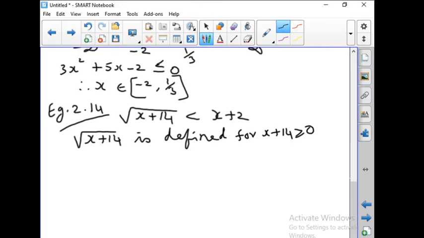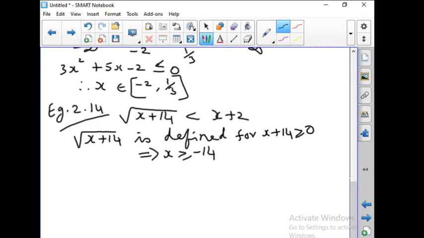Okay, inside the square root we cannot have a negative number. Therefore, this square root of x + 14 is defined for x + 14 greater than or equal to 0, which gives us x greater than or equal to -14.